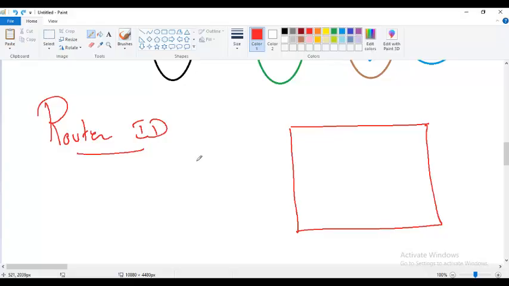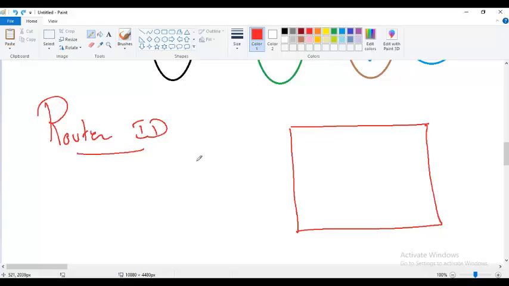So every router has a name, a unique name. That name is what is called the router ID. And that unique name, the router ID, is also in the format of an IP address. For look and all, it will be the same as an IP address. 32-bit. Router ID is what? 32-bit.